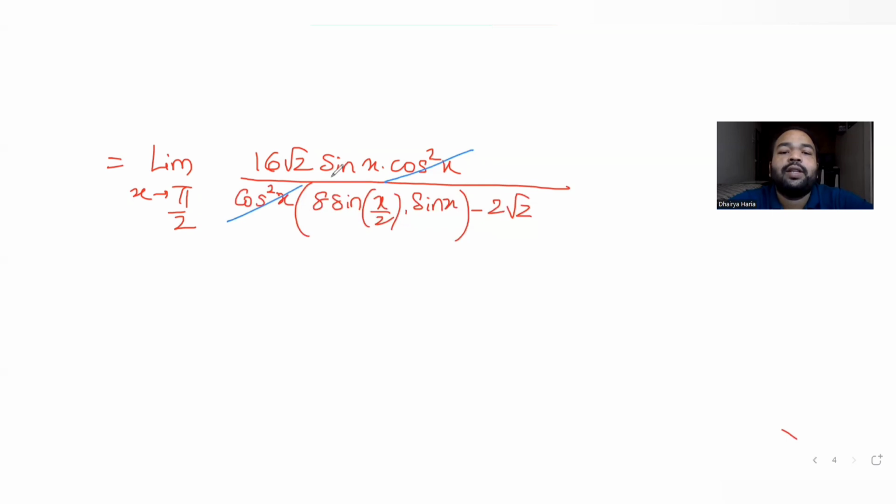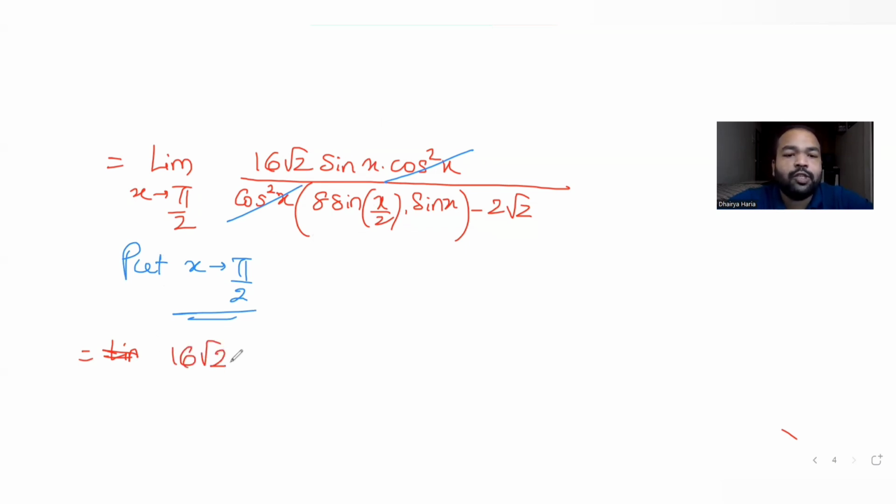Now, putting the limit x as pi by 2 does not give an indeterminate form. So you can directly substitute x as pi by 2 and get the answer for the question asked. So now the value becomes, I won't write the limit because I am substituting it.